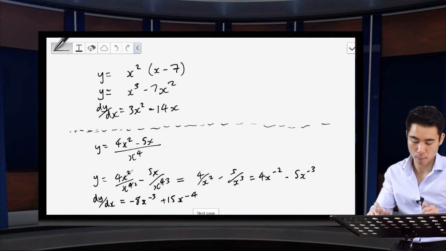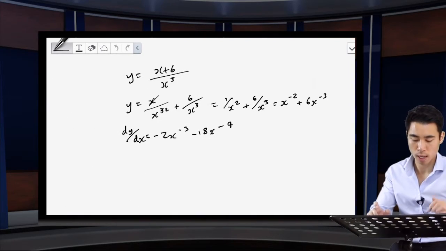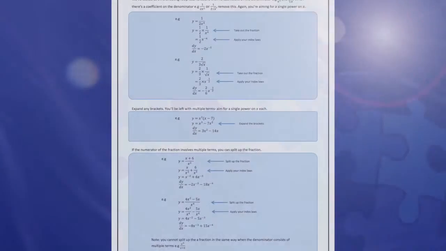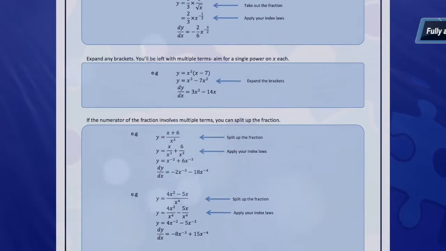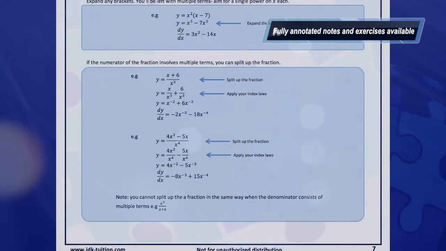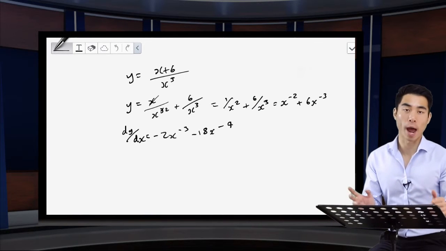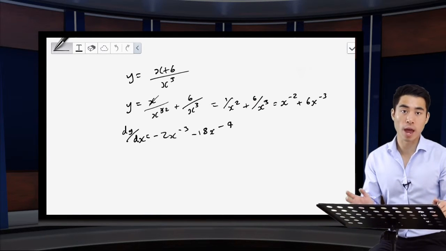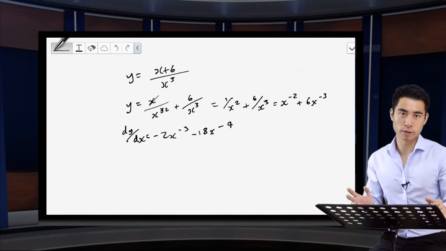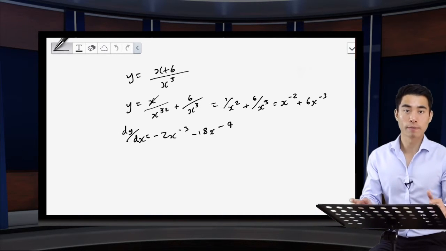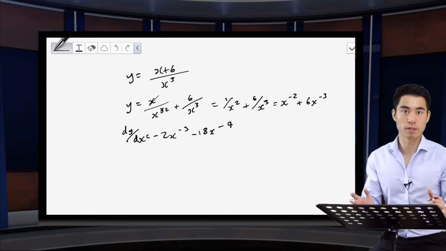That was exactly the same as this example here. So really the key to each of these questions is expressing your functions in the form where you just have a single power on your x. You know that in order to differentiate, they need to be in that form, and then you're just going to apply your laws of differentiation to get to your final answer, your first derivative.